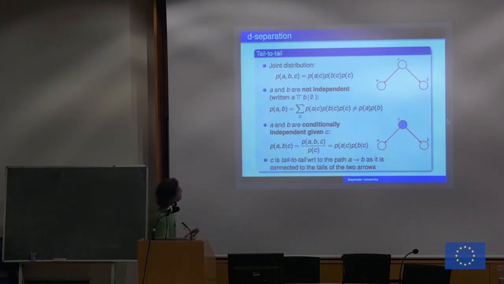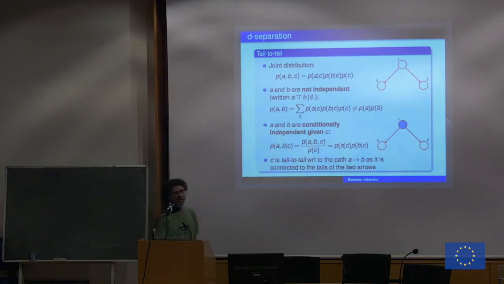Now, the other type of independence you are looking for is conditional independence, okay? So what happens if C is observed? Usually when we say something is observed, we put a solid color in the node, okay?